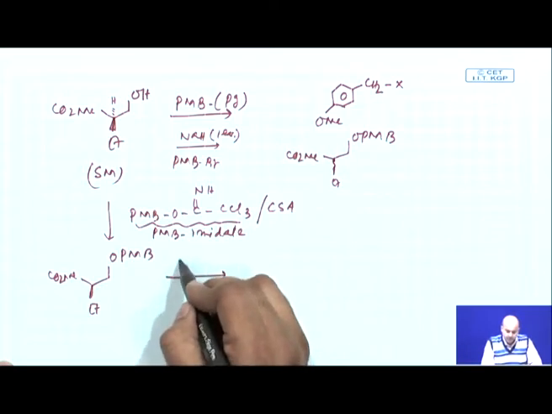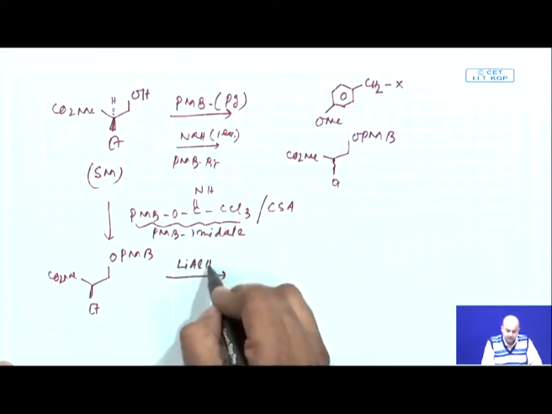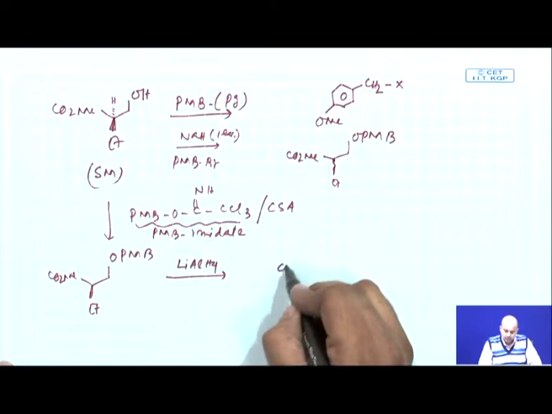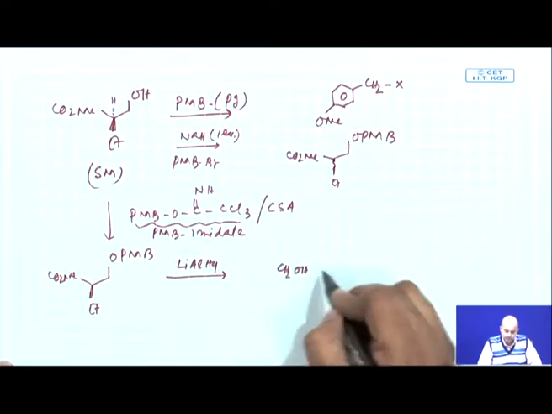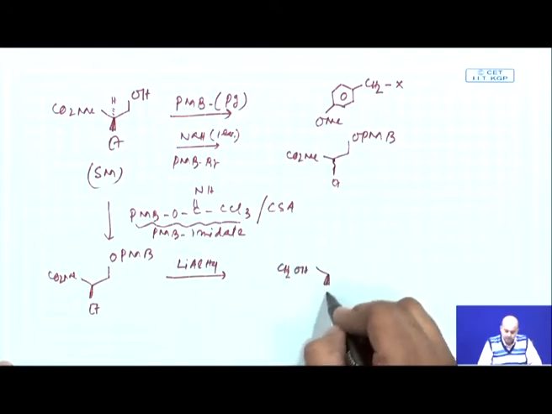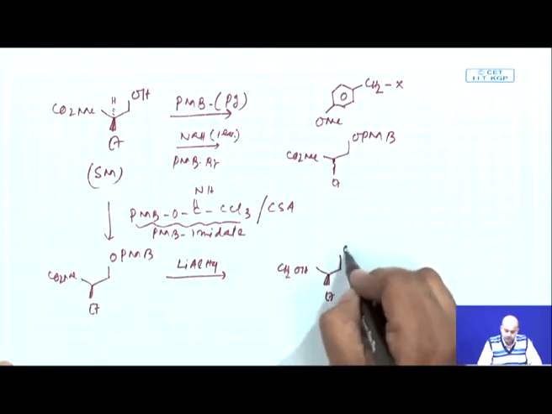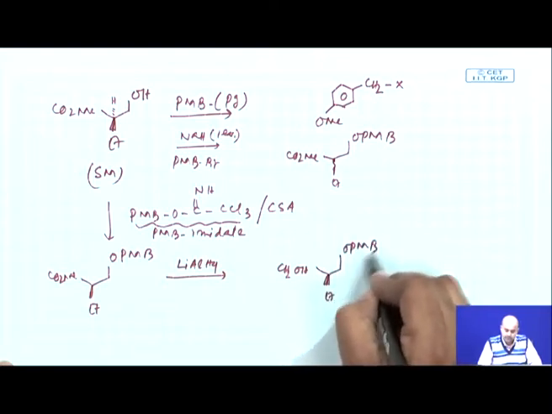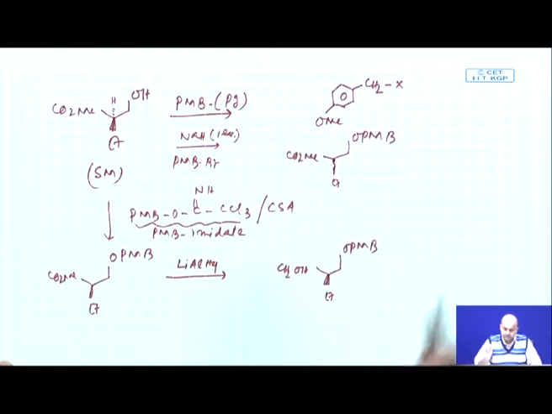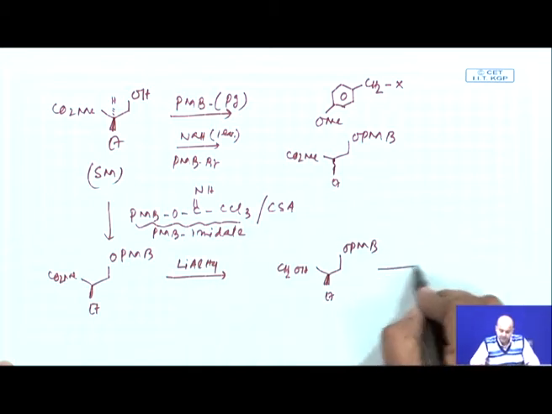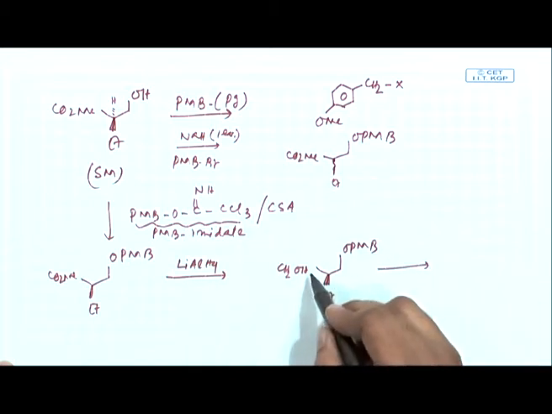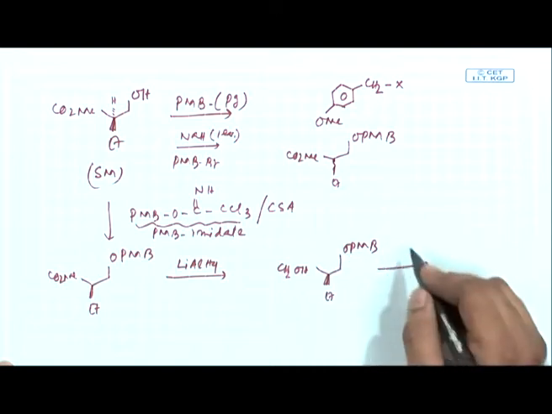You can reduce this ester to the corresponding primary hydroxy group, something like this, and then you have to convert this hydroxy to the bromo to generate the electrophile.